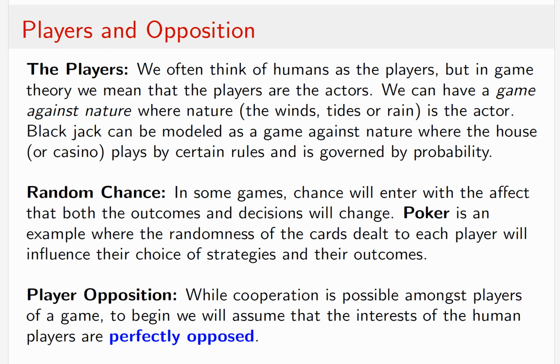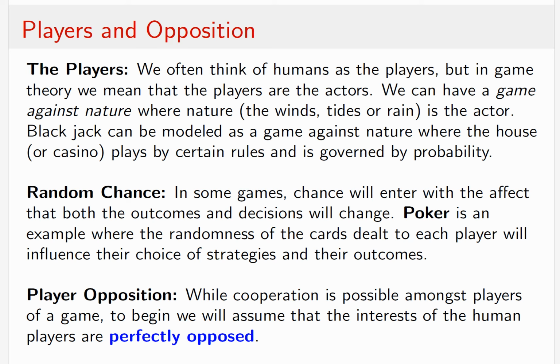All right, so player opposition, what do we mean by that? We mean that the players are not colluding. And we can study collusion and cooperation. Collusion is the economics term, when it's either illegal or frowned upon or both, when two companies are colluding to keep the price high, thereby earning the benefits of a monopoly, even though there are two companies, let's say, providing this good or service.